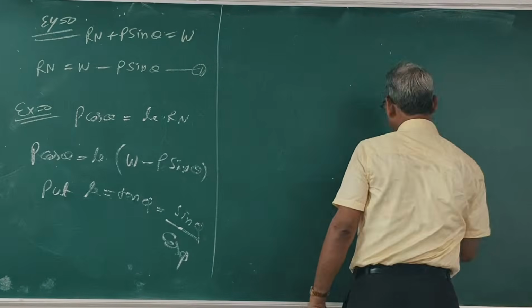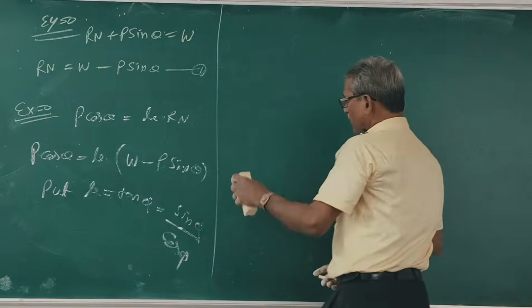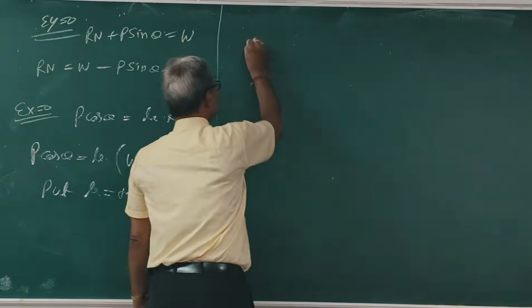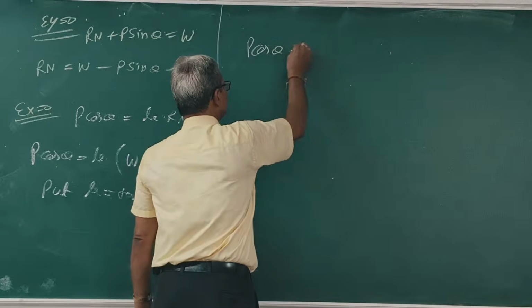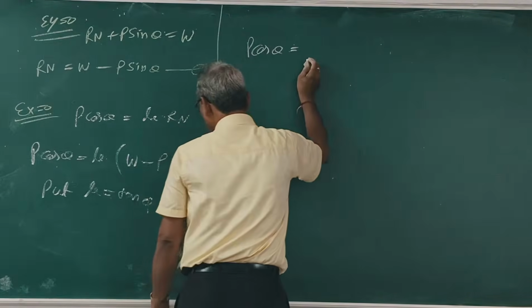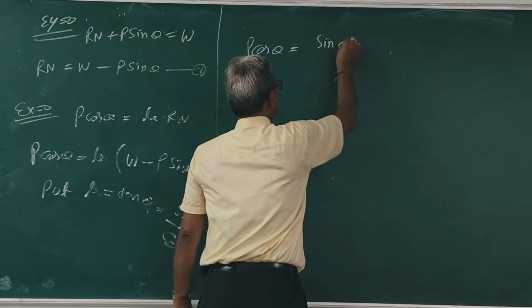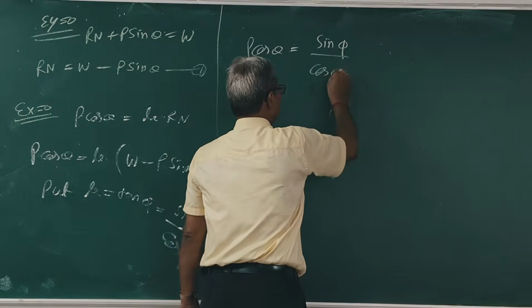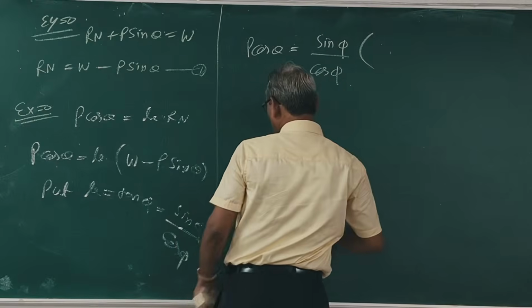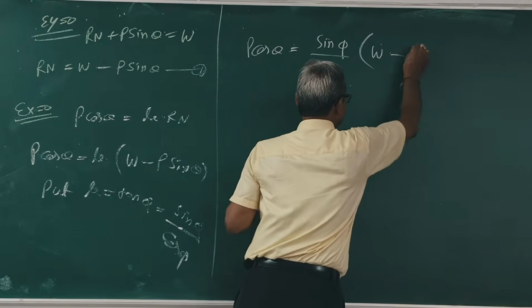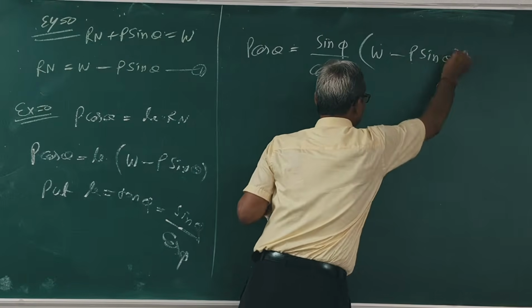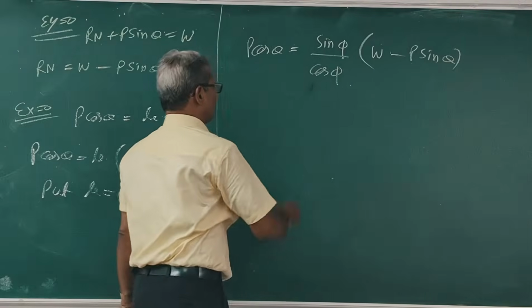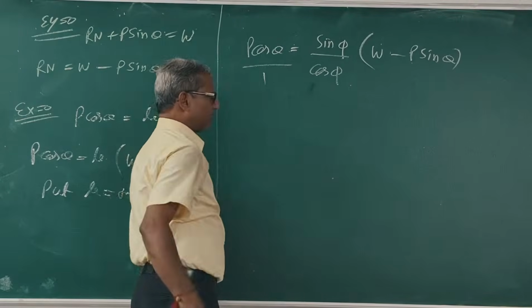So P cos theta is equal to sin phi by cos phi into W minus P sin theta. Apply cross multiplication.